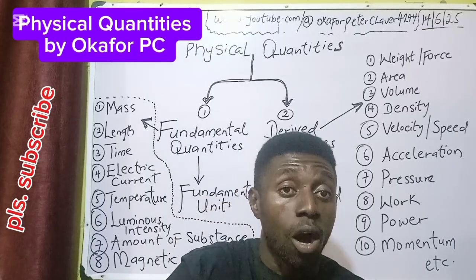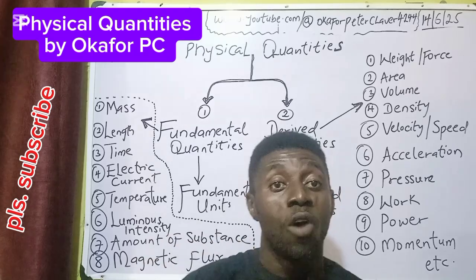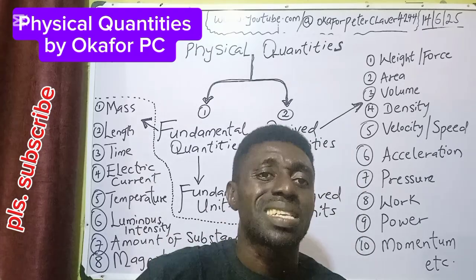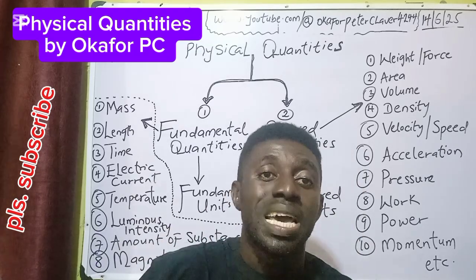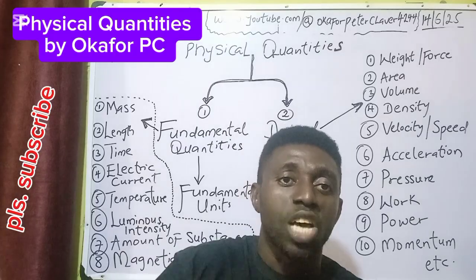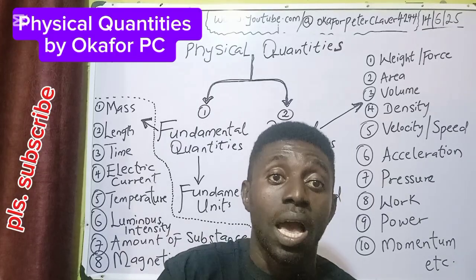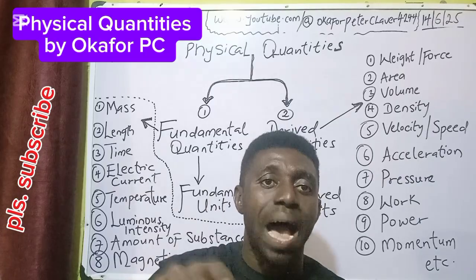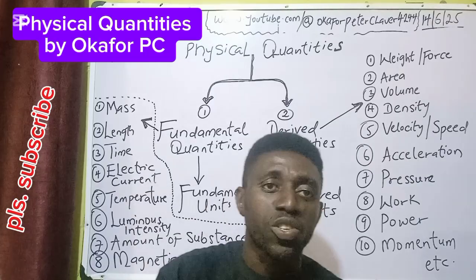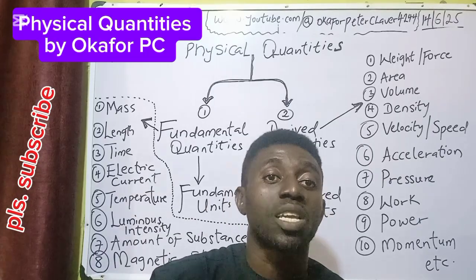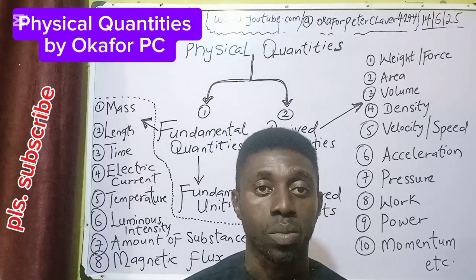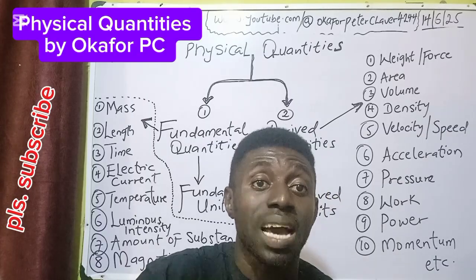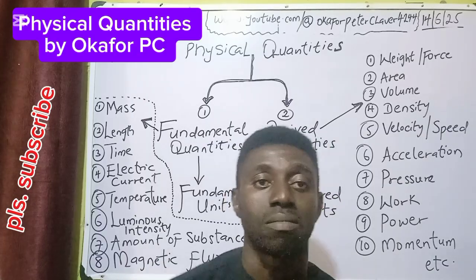Fundamental unit of time is seconds. Fundamental unit of electric current is ampere, in honor of Andre Marie Ampere, a scientist whose research on electric current cannot be ignored. The unit of temperature is Kelvin, in honor of Lord Kelvin.